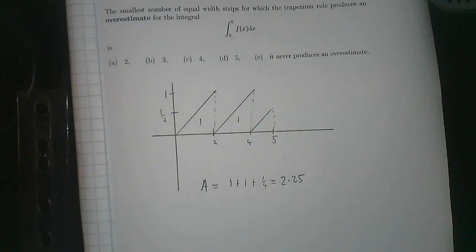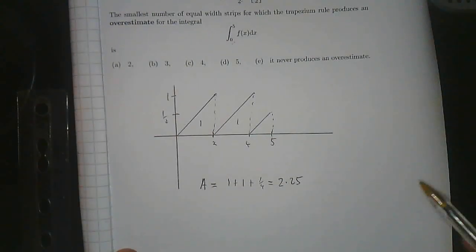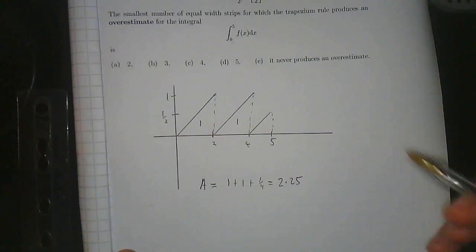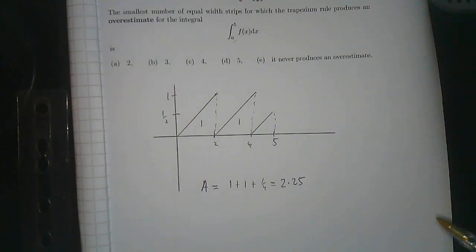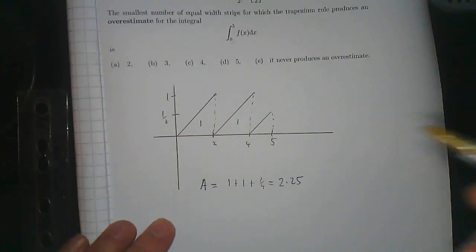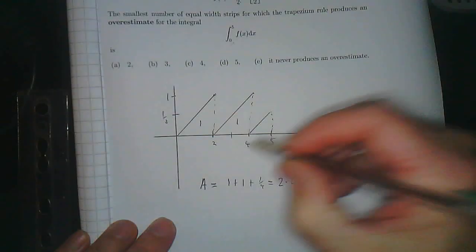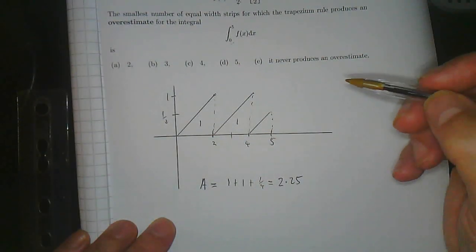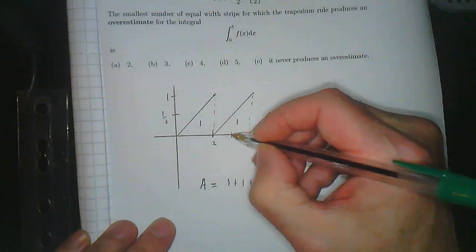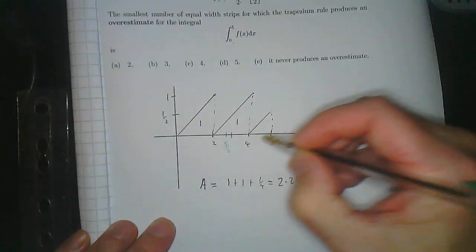So I'm going to start with 2 strips, because that's the first thing it says here. And I'm going to draw the 2 strips over the top of this diagram. If there's 2 strips, it must go halfway. So this is where the strips divide up. So this must be at 5 over 2, maybe a bit nearer to there, that's 3. 5 over 2.